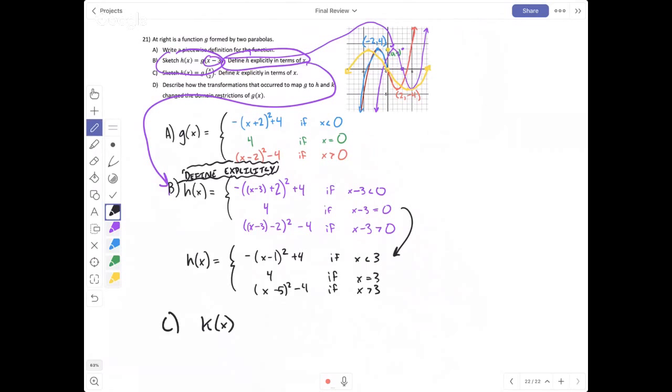K of x, give myself a little more space. K of x equal to the set of functions, and the first one, and again, I'm going to show really explicitly that substitution for x with x over 2, right?